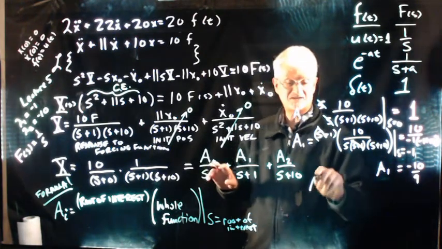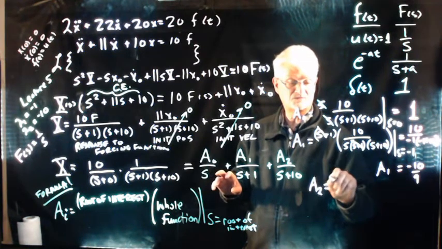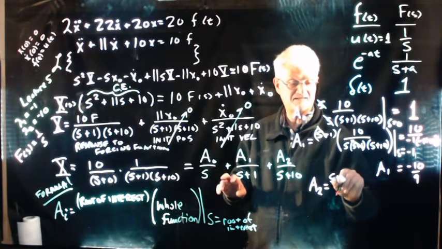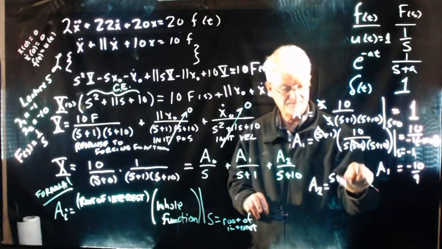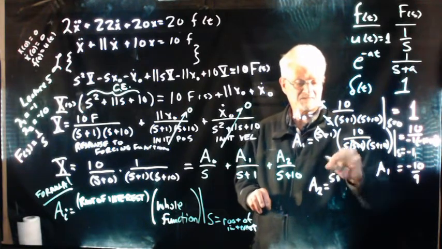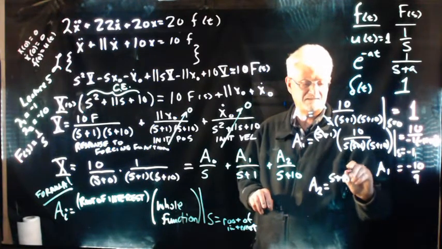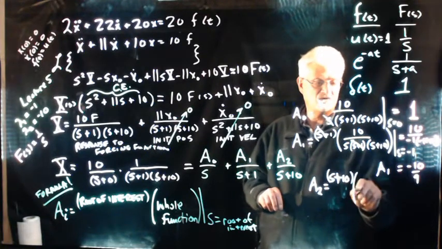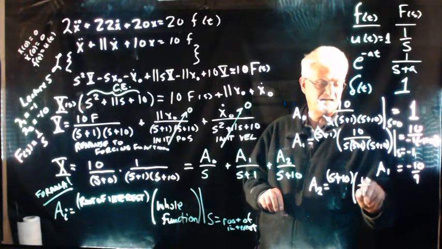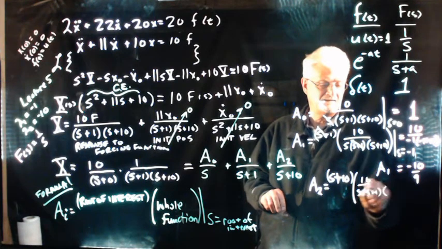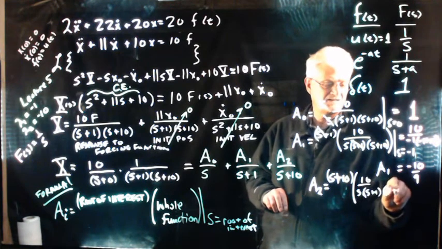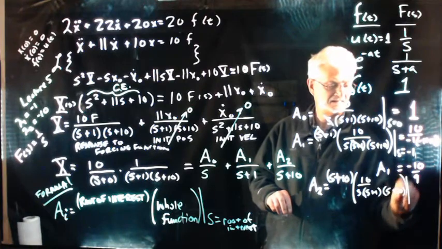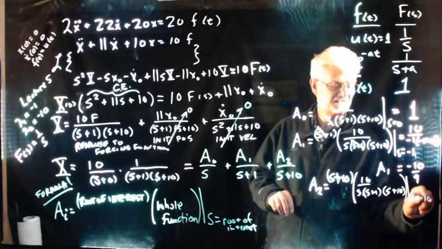And now I'm going to do A2. A2 is equal to the root of interest, s plus 10, times the whole function, 10 over s plus 1, s plus 10, evaluated at s equals minus 10.